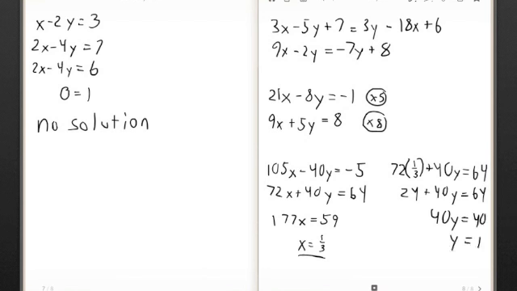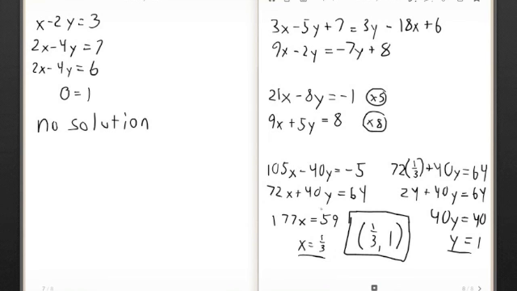Y is 1. So all this stuff up here, put it in standard form, combine the equations, and you get 1/3, 1. Isn't that nice how it boils down to something, just a nice simple solution.